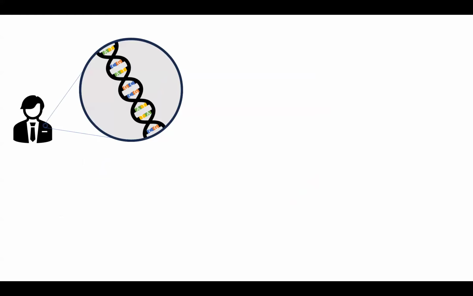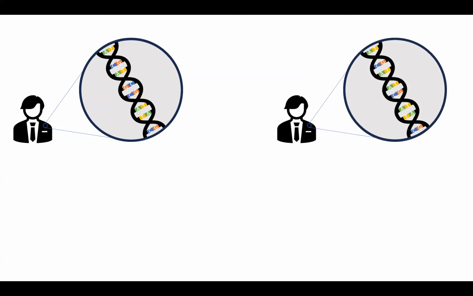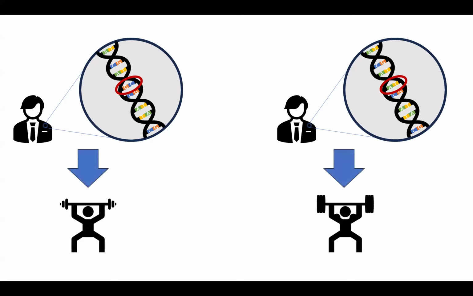The specific sequences we call genes code for proteins that perform various functions in our bodies. Sometimes a single change in this sequence, known as a single nucleotide polymorphism, or SNP, can affect how proteins work and consequently influence a trait. For example, a tiny change in a gene might increase someone's ability to gain muscle mass.